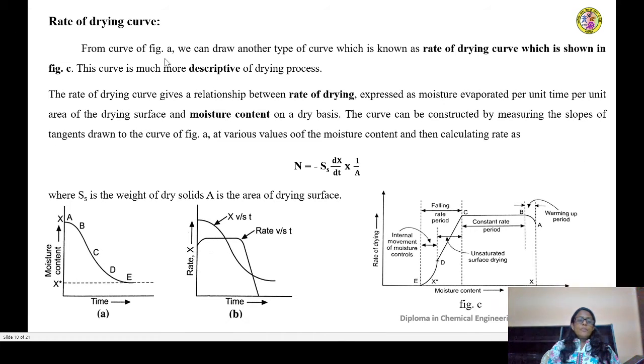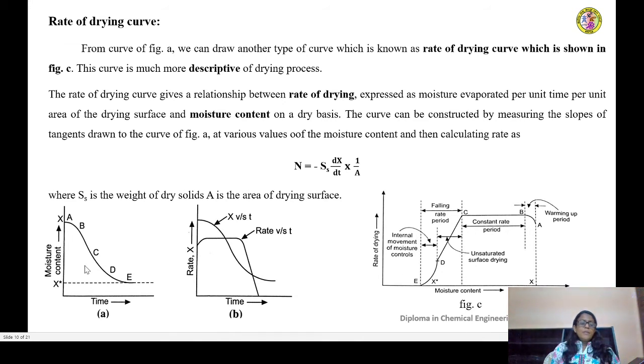From the curve of figure A, we can draw another type of curve, known as the rate of drying curve, shown in figure C. This is the one that is more descriptive of the drying process.